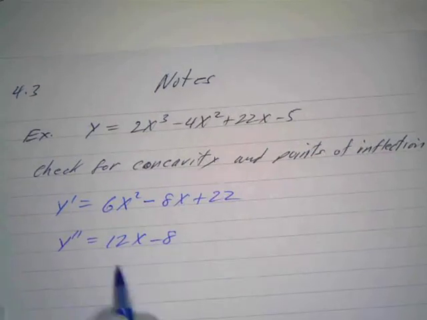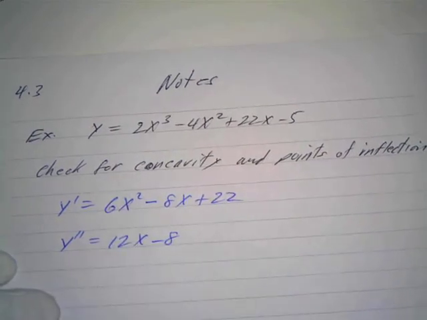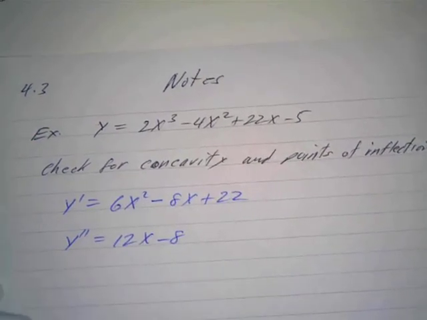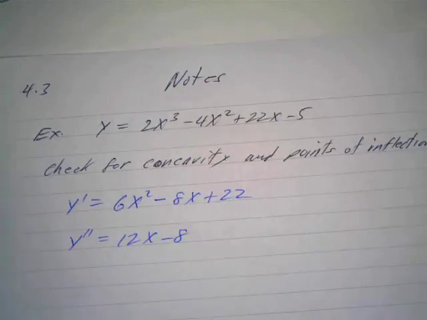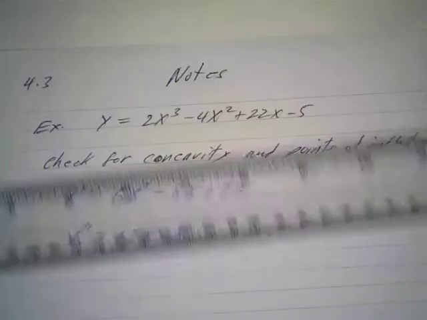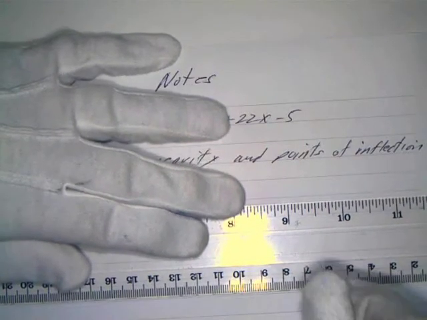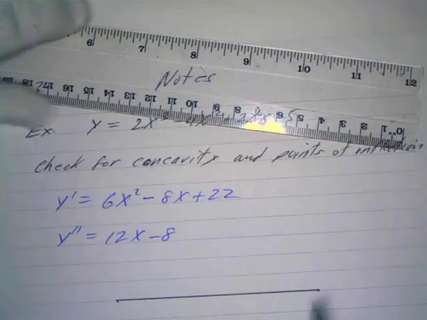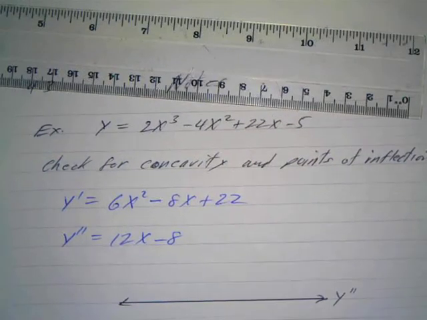Okay, so I guess this is all right. Let's take a look at this function. I kind of forgot something when I copied it down, but that's okay. This will work. So this is my second derivative. We just do a second derivative test. This is pretty easy. And we'll call this y double prime.